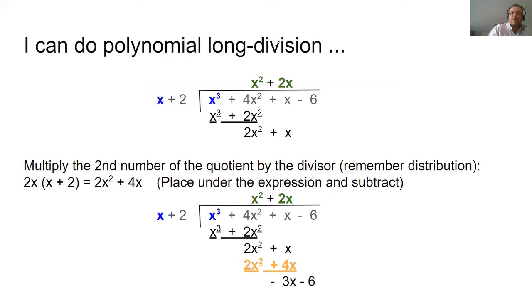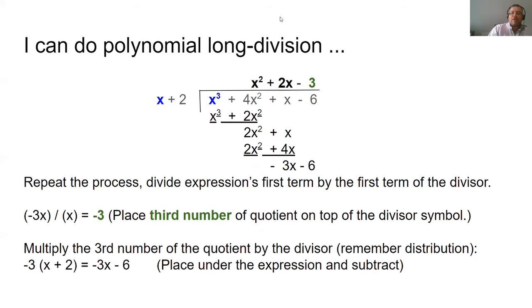So what do we do next? Well, we do the same process. Let's take a look at it. Let's see here. So you repeat this process. So I take this negative 3x. I take the first term again. I'm still at this first term under the line. First term divided by first term right here. Negative 3x divided by x is negative 3.